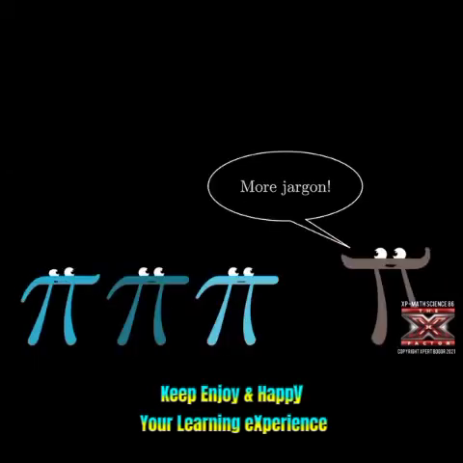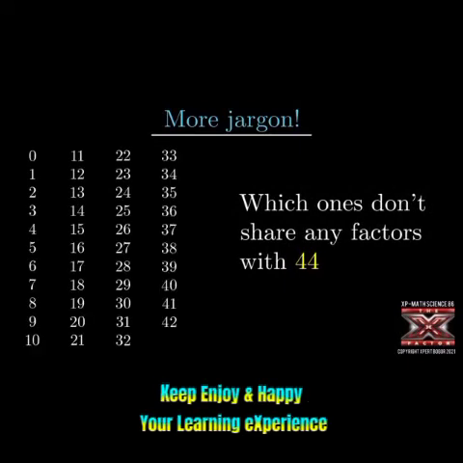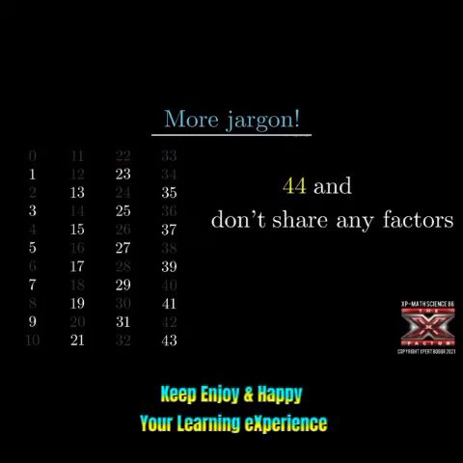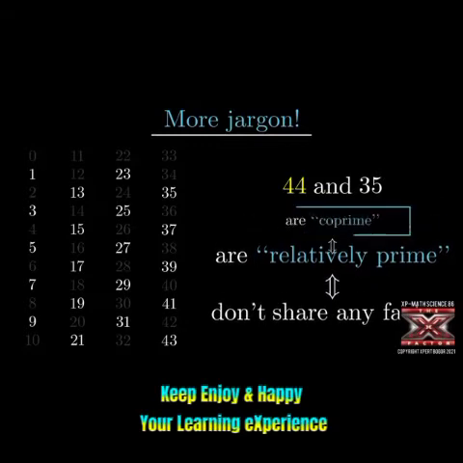This is another good chance to inject some of the jargon that mathematicians use. What we care about right here are all the numbers between 0 and 43 that don't share a prime factor with 44, right? The ones that aren't even and they also aren't divisible by 11. When two numbers don't share any factors like this, we call them relatively prime, or also co-prime.